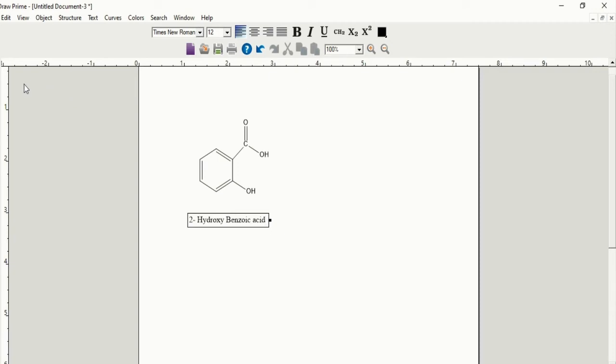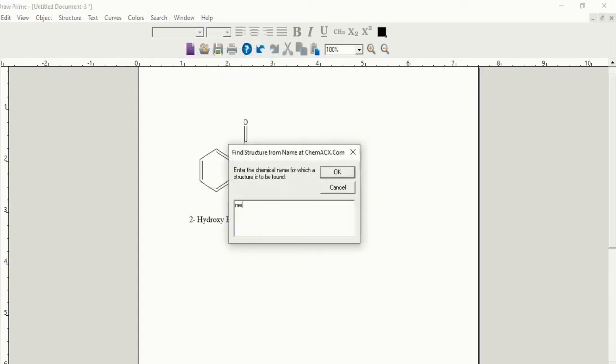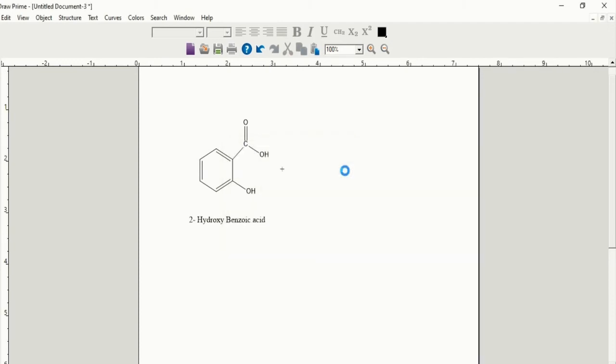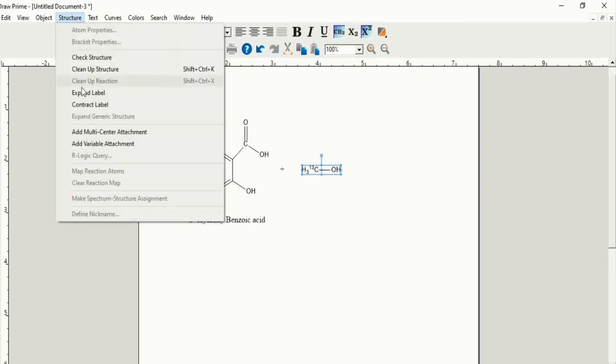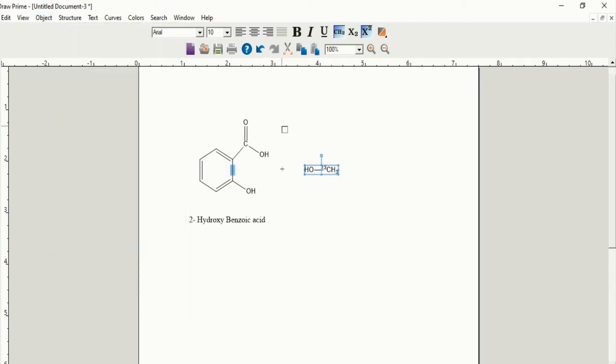Now, if I add methanol to it, you have a CH3 and you have an OH group over here.